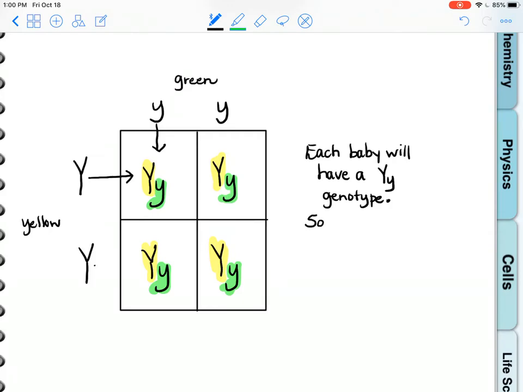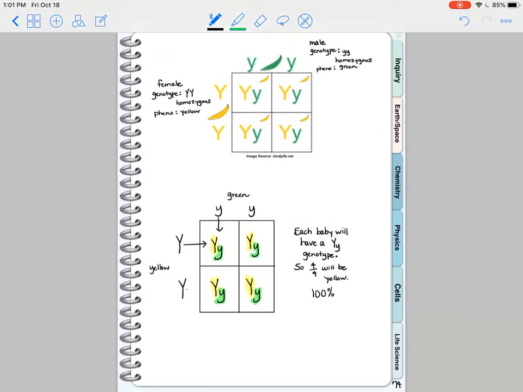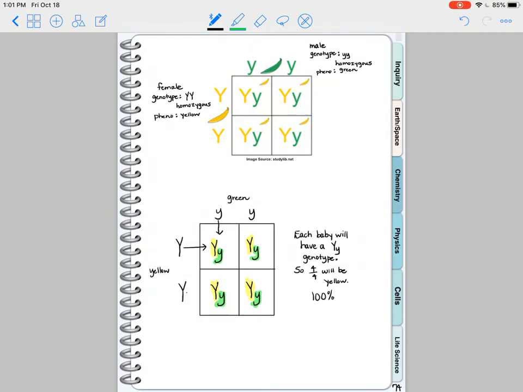So 4 out of 4 will be yellow. And 4 out of 4 is all of them, or 100%. So if I let these two parent plants cross, all of these offspring will be yellow, because that's what the genetic code says.